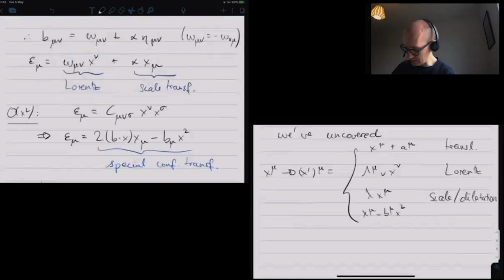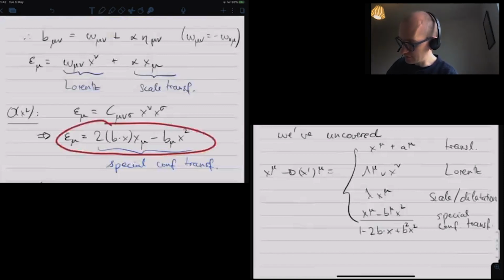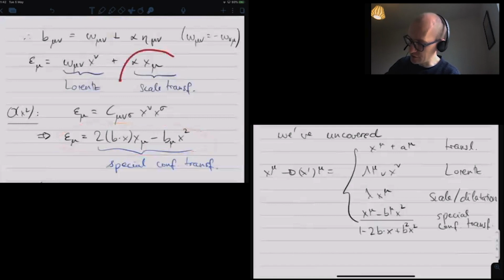minus b mu x squared divided by 1 minus 2 b dot x plus b squared x squared, which is, as I said, what people call a special conformal transformation. And the infinitesimal form is again given here, and the infinitesimal form of the scale transformation is given here.